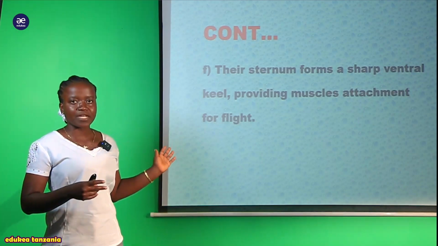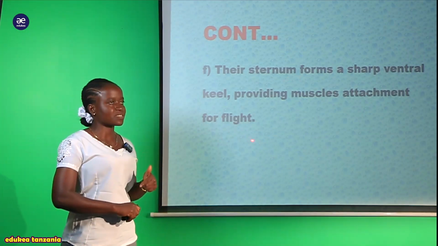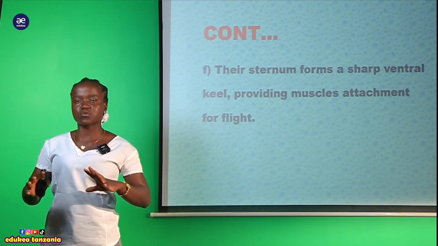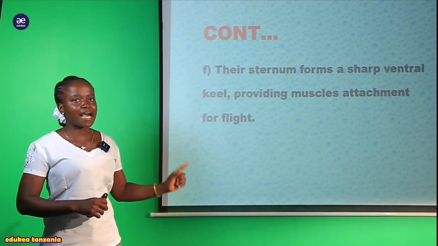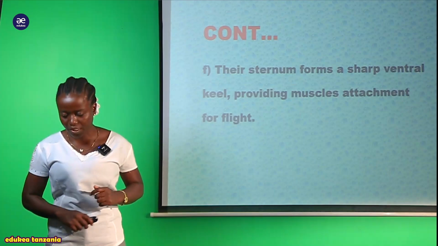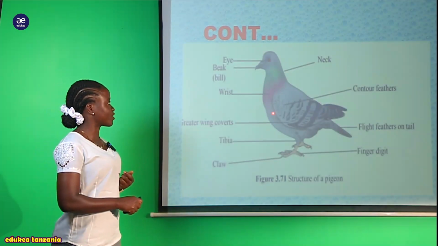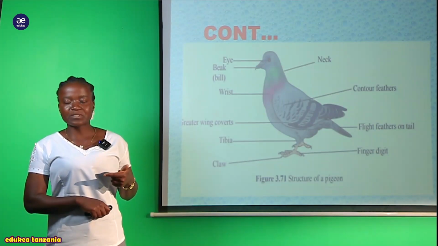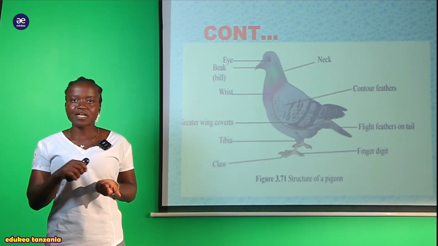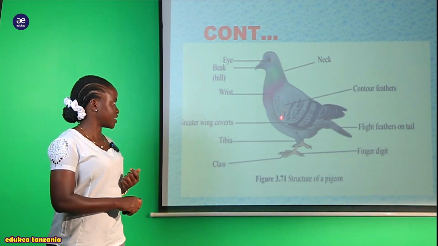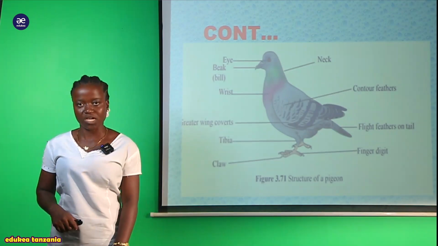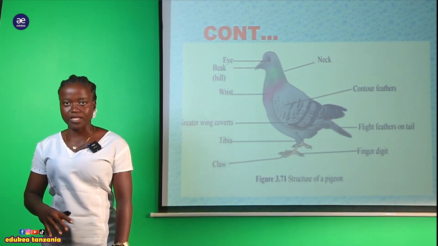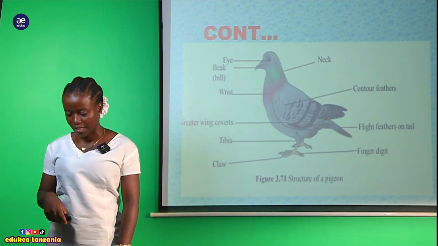This keel is where the attachment of the muscles is provided. So all of the muscles found within the birds are attached on the structure which is called the keel. This keel is located in this region. It is an elongated structure from which all the other muscles extend. So we say that at the chest of any kind of bird is where the keel is found.